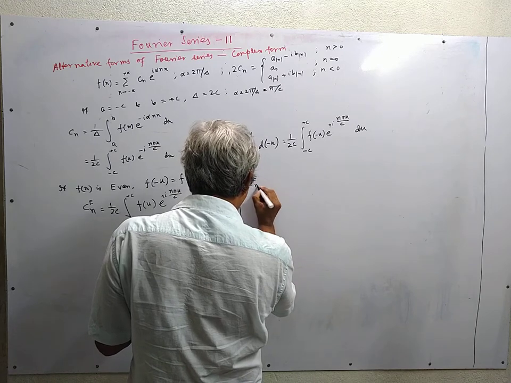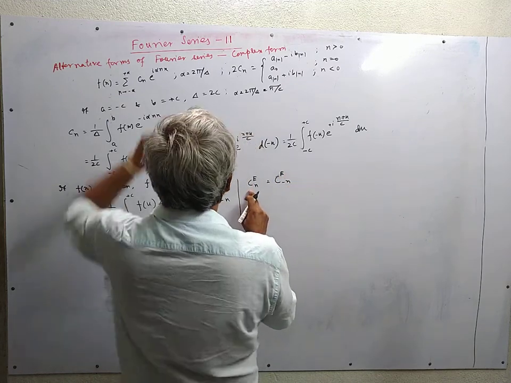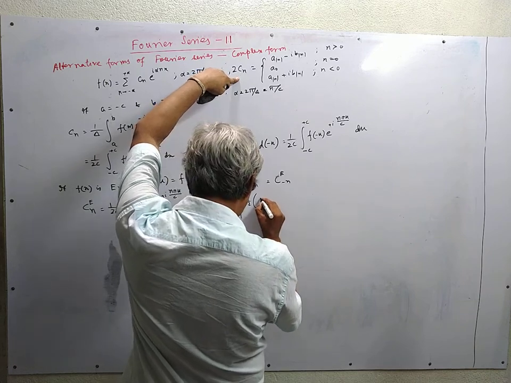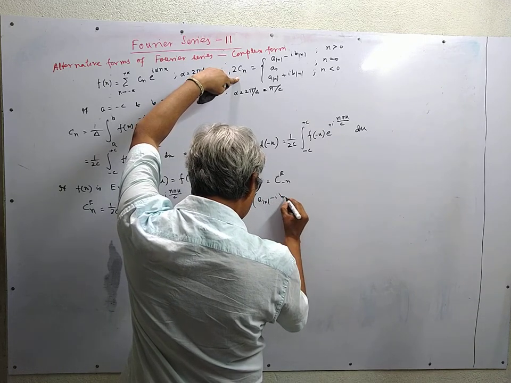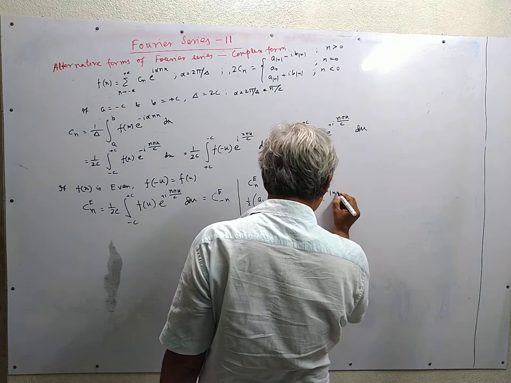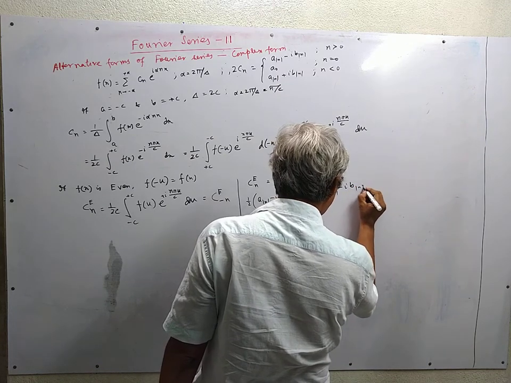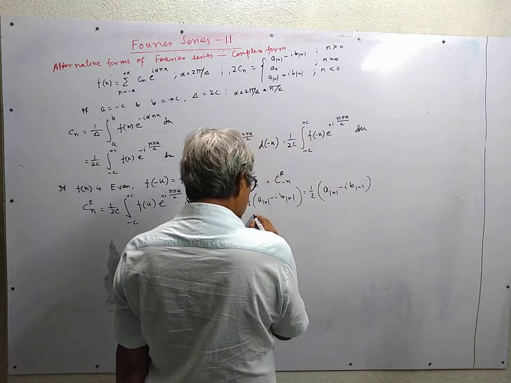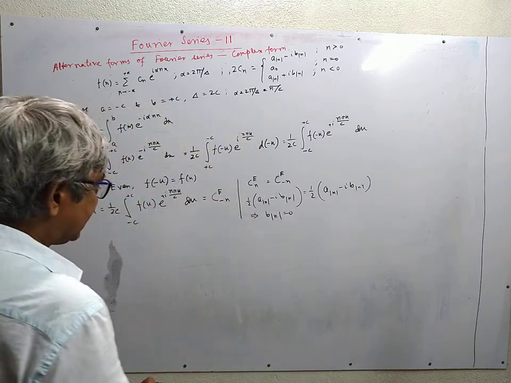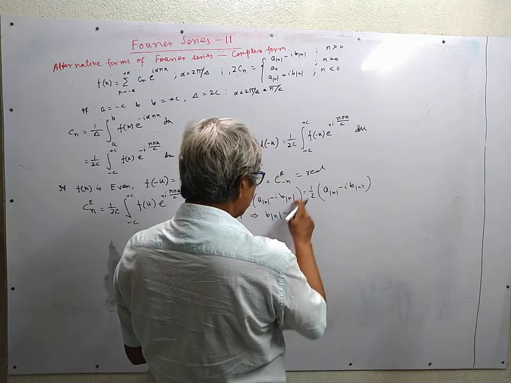C of n is equal to C of minus n. That is to say, they are real, because the Bn part is 0, it is real.